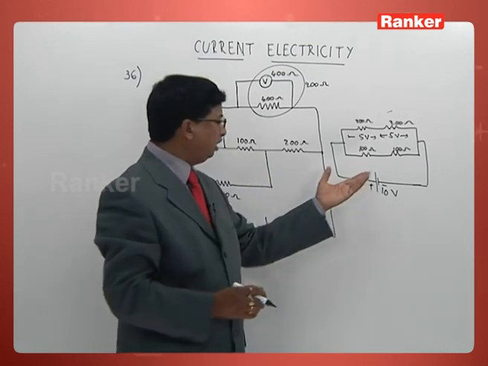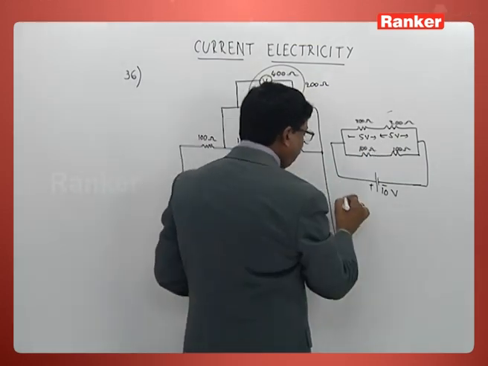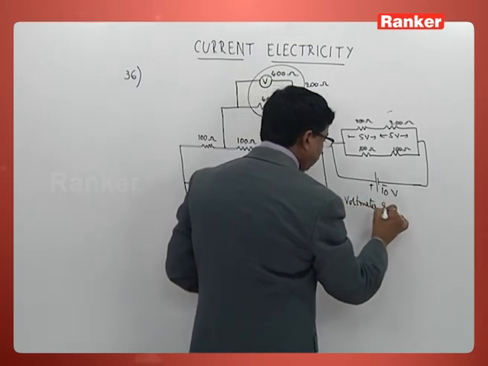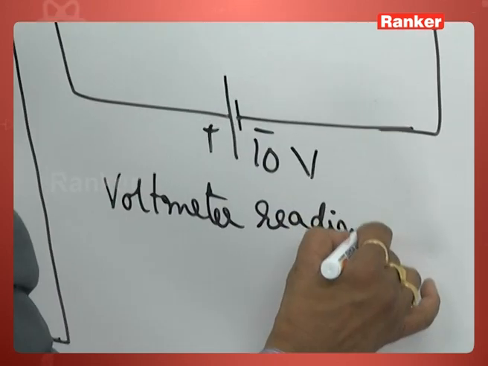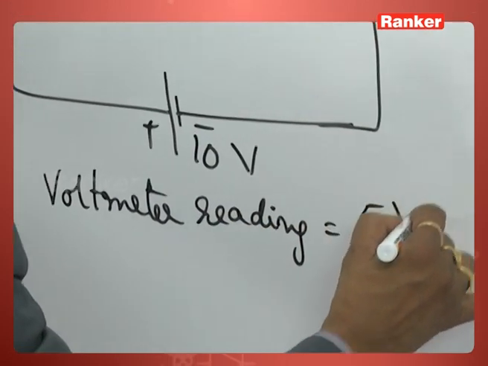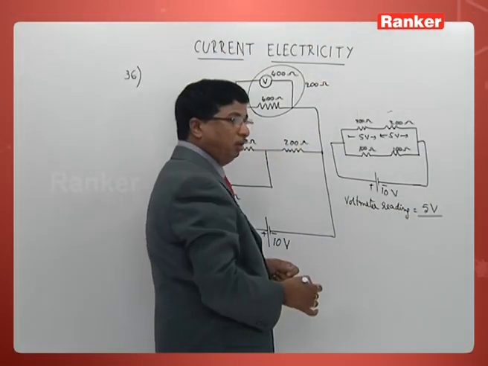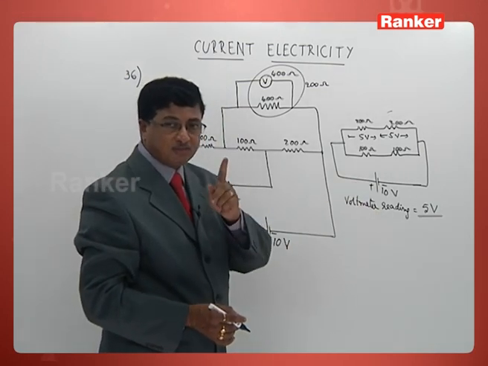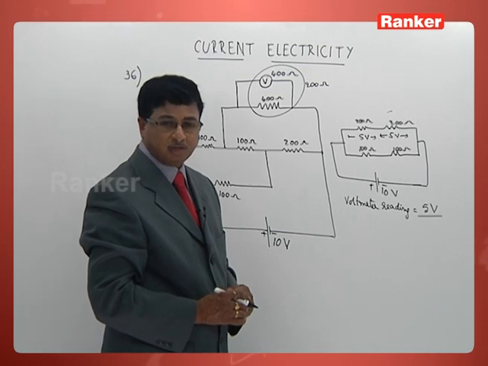So what can we write now? The total PD or voltmeter reading is now going to be simply 5 volt. So the voltmeter reading of 5 volt tallies with the first option that has been mentioned there.